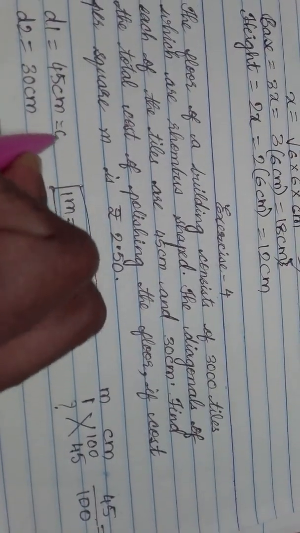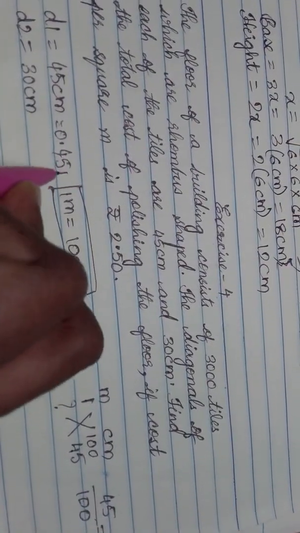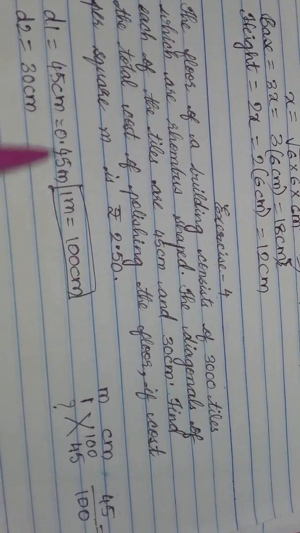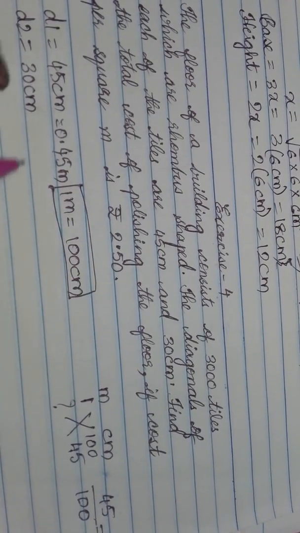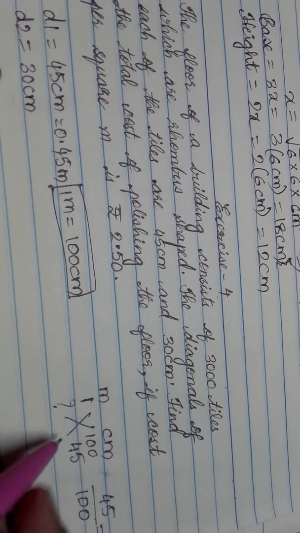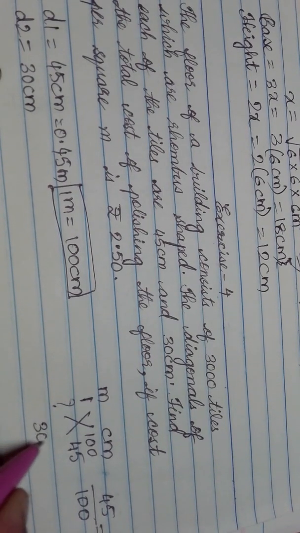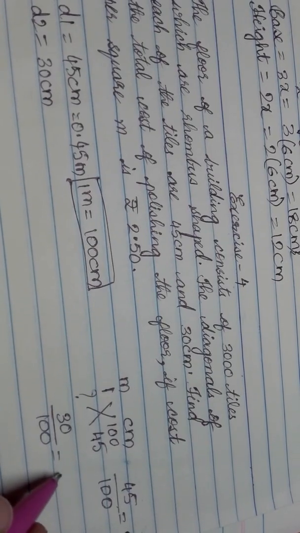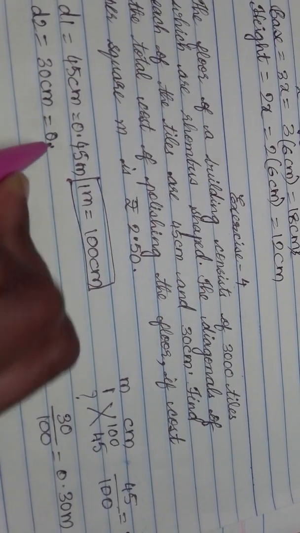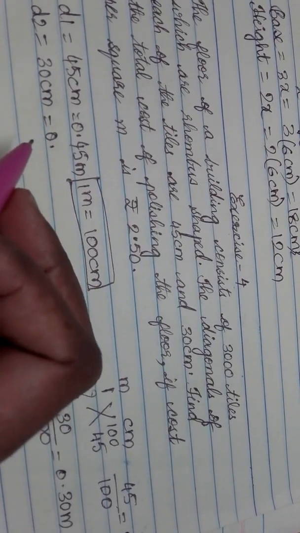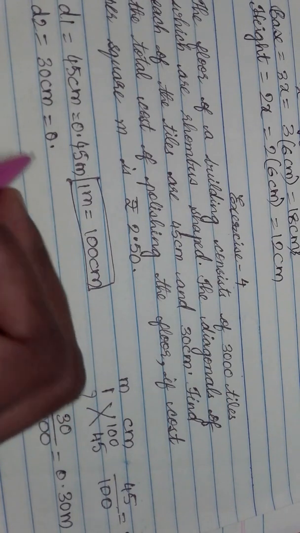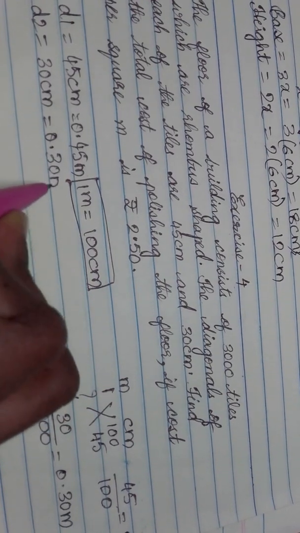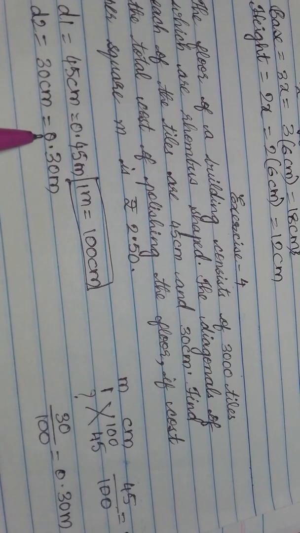So now let us write this, 0.45 meters. Same thing here, if you do, it is going to become 30 divided by 100. So this is going to be 0.30 or 0.3, 0.30 meters. Understood till here, children?